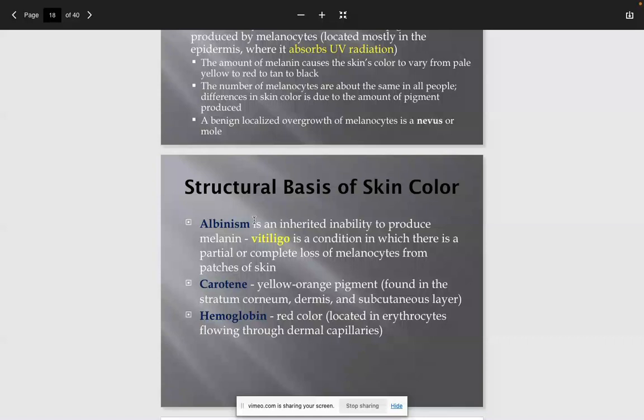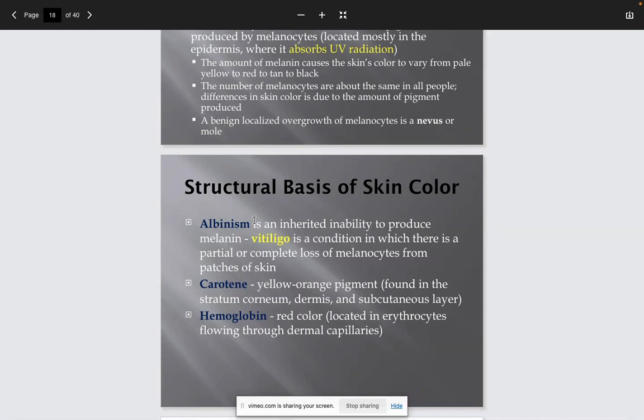Vitiligo is an autoimmune disorder, meaning your body begins to attack and destroy the melanocytes, so you are not able to produce melanin. These people will range from having small patches of white skin to very severe patches of white skin.